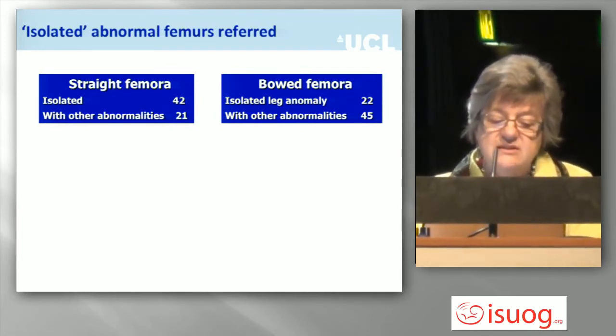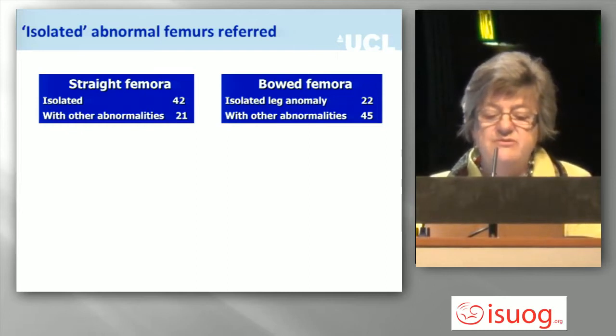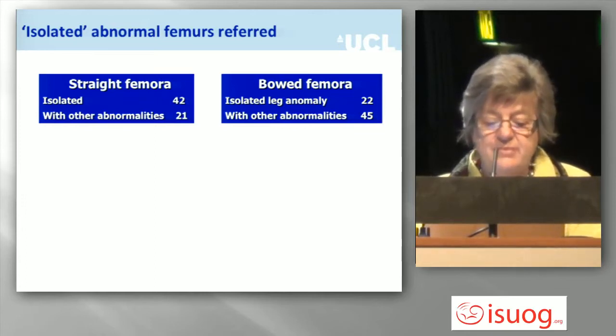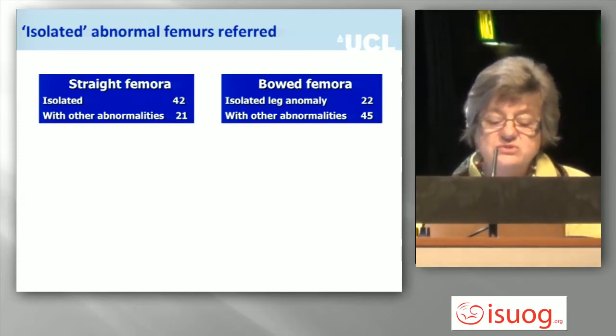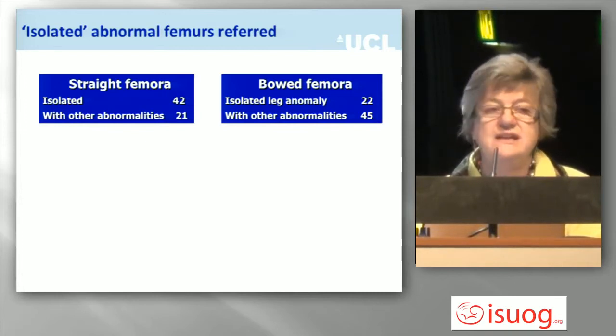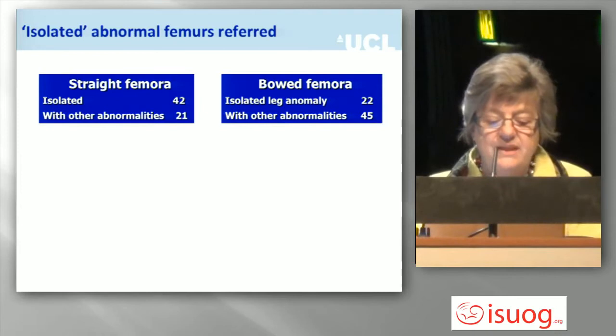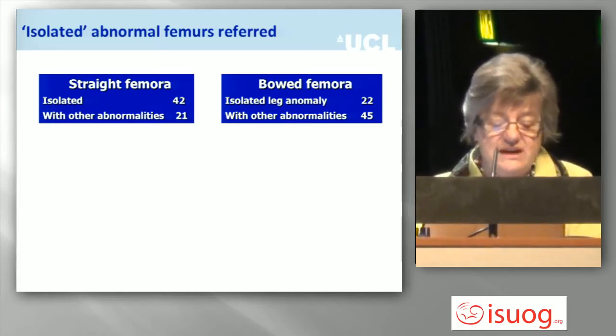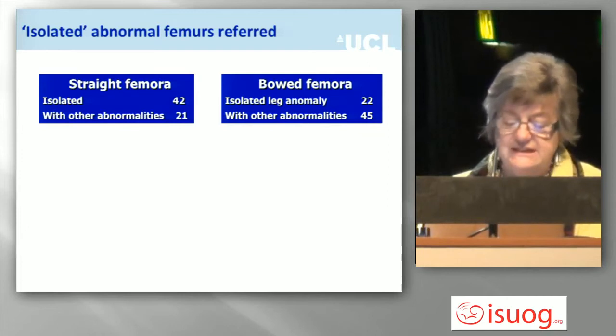So here I've taken a series of babies that were referred to UCH with apparently, the referral said, isolated short femurs. I've divided these into short straight femurs and short bowed femurs because the etiology is different. When we looked closely at the cases referred with isolated short femurs, only 42 were in fact isolated, and 21 had other abnormalities.